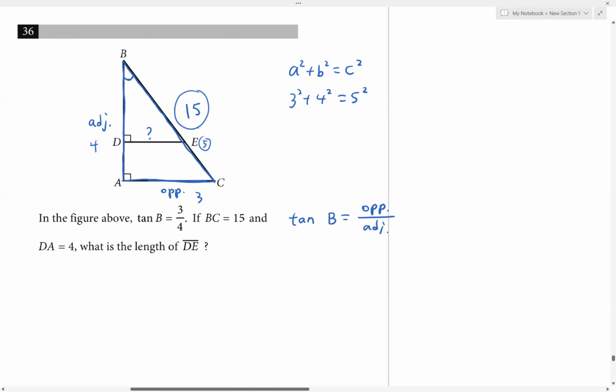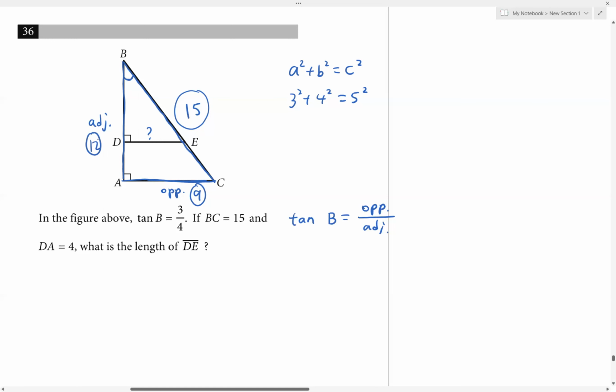We can recognize that 15 is a multiple of 5. It's actually 3 times 5. So if we multiply the other two sides by 3 as well, 3 times 3, AC should be 9, and 4 times 3, AB should be 12.